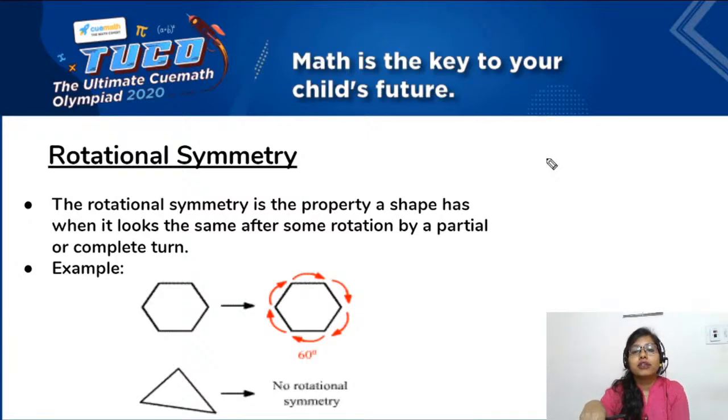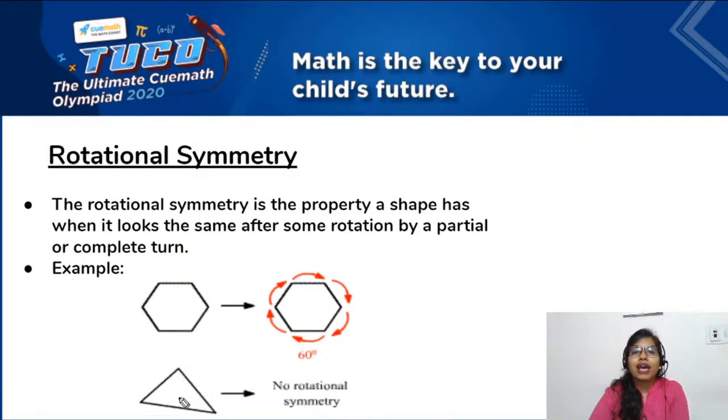The figures that do not give us the same shape even on one complete rotation do not follow rotational symmetry. For example, you have triangles. You can see this triangle. When you completely rotate this, you still do not get back the same figure.